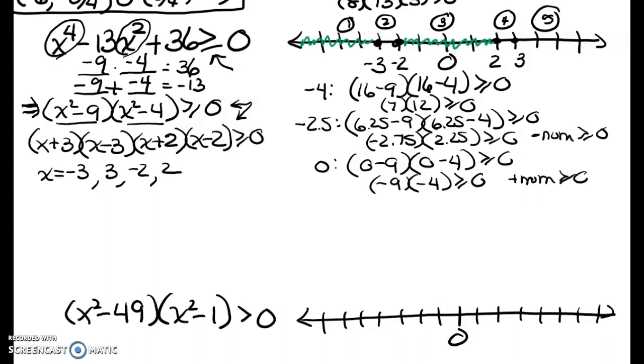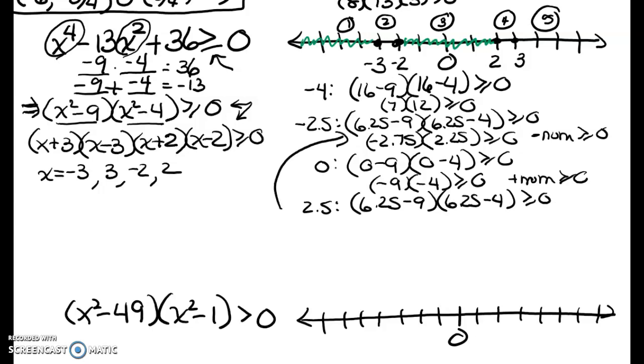Then I'm going to check 2.5. So I get 6.25 minus 9 and 6.25 minus 4. And it looks like I'm going to have the same answer as this one because I got the same thing. So that one's going to be false. So now I'm going to try 4. So 4 squared is 16 minus 9, 16 minus 4 is greater than or equal to 0.